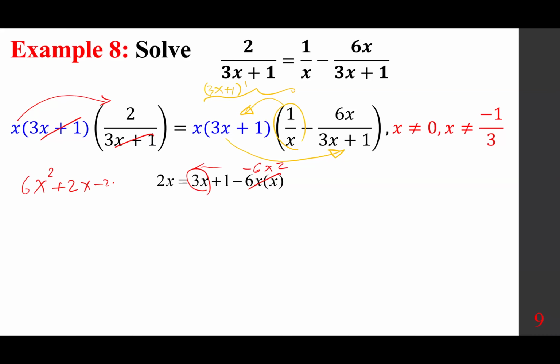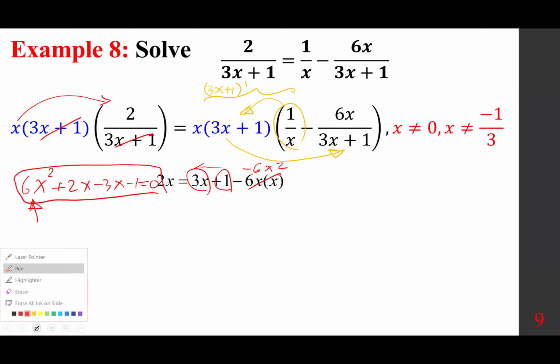This becomes -3x. This becomes -1. And the reason I'm bringing it on this side is because I want the leading term to have a positive leading coefficient. 2x and -3x will add up to -x.